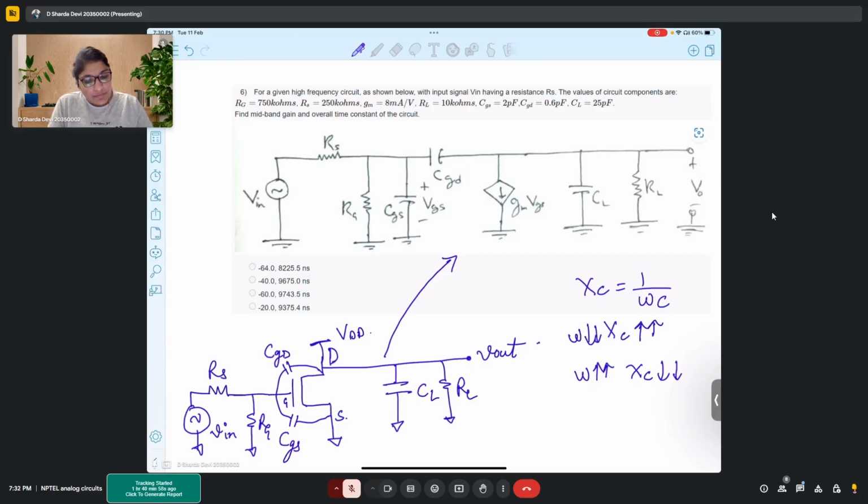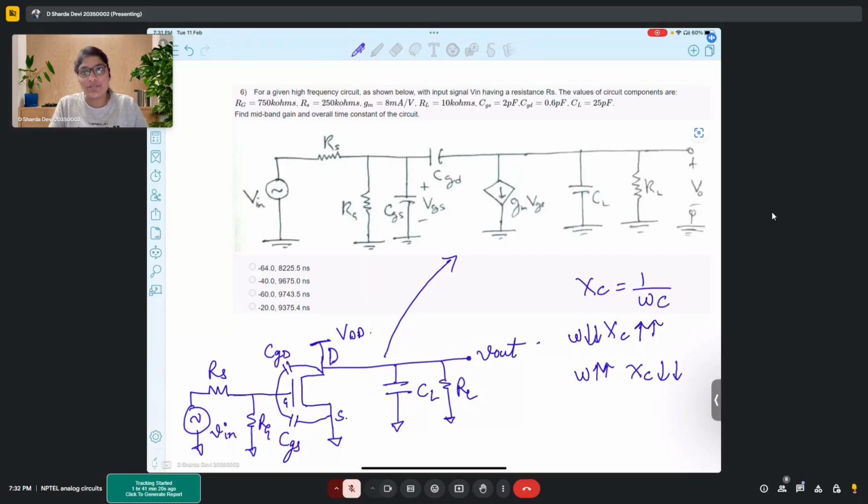In low frequency, yes, we open circuit the capacitor. We consider that the impedance is very high, so it's almost like infinite impedance. That basically means open circuit, right?